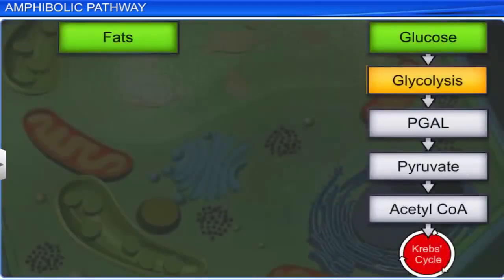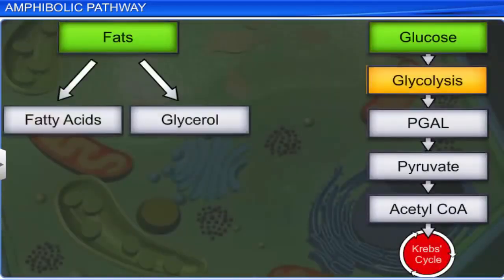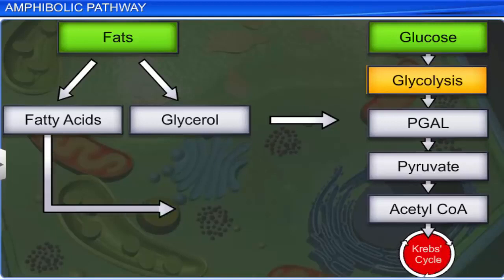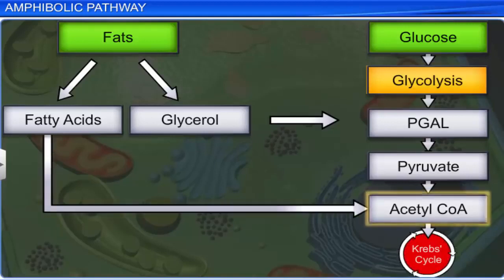Now, let's see how fats and proteins are utilized as respiratory substrates. Fats are first broken down into glycerol and fatty acids. Glycerol is then converted into PGAL, an intermediary substrate of glycolysis. In the same way, fatty acids are broken down to form acetyl coenzyme A, an intermediary substrate of the Krebs cycle.